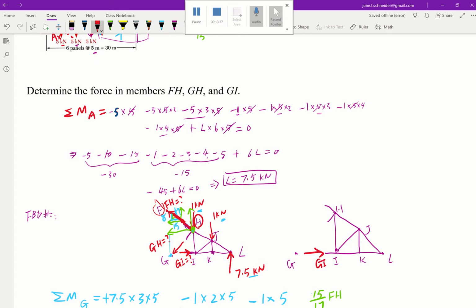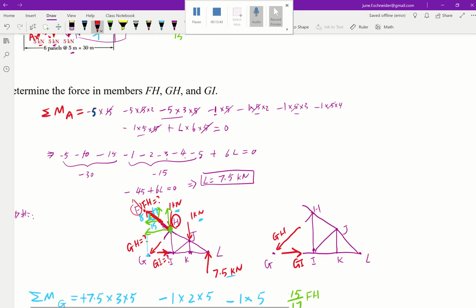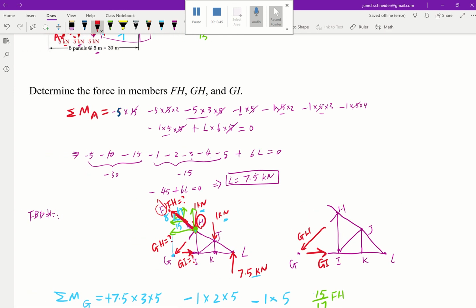And this will be our GH. And our FH, the way we're giving it, we consider is going to be applied here, even though it's 30. So that's going to be our FH. And that's our point F. Okay.